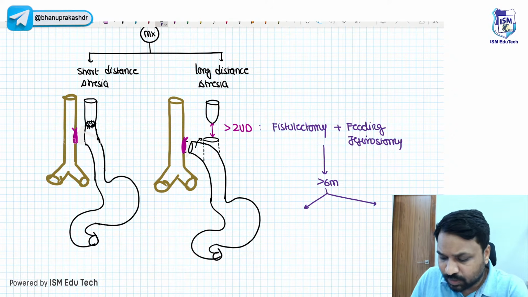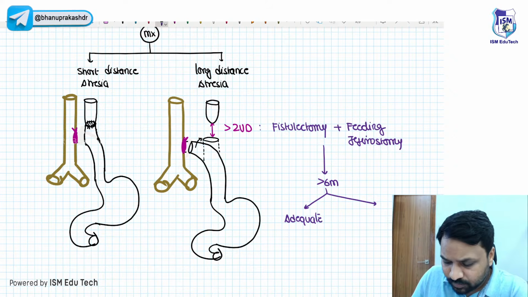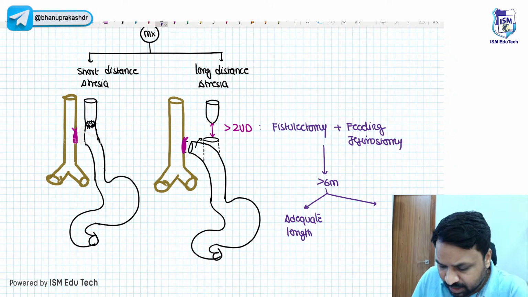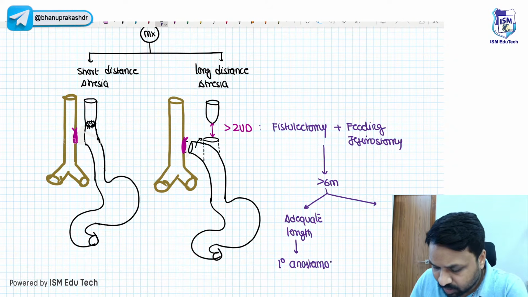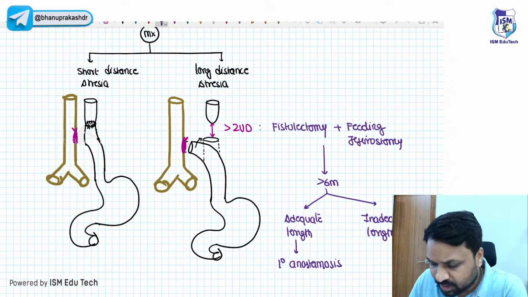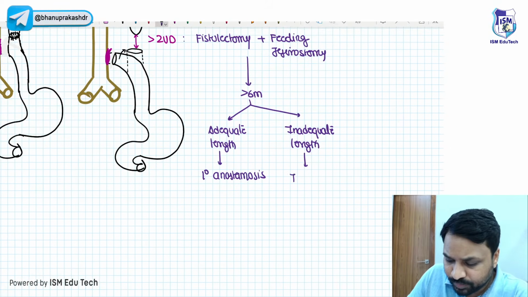If the length is inadequate, then I will take an interposition surgery.